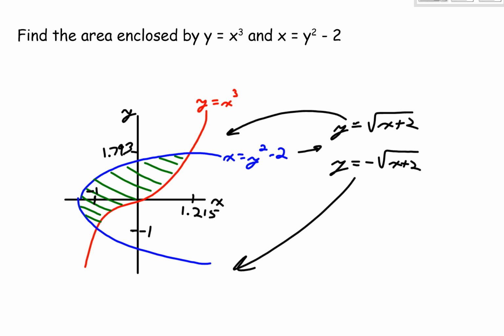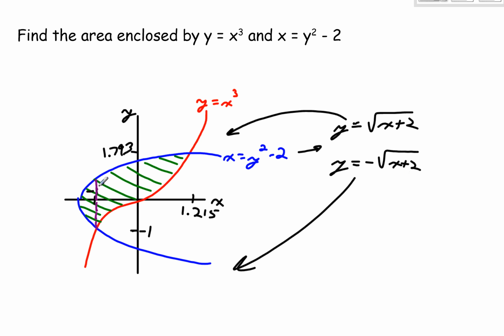And if I did it that way, I would then have to find this intersection, which is at negative 1, and split my area here. So from negative 2 to negative 1, it would be the top curve, the positive square root, minus the negative square root.